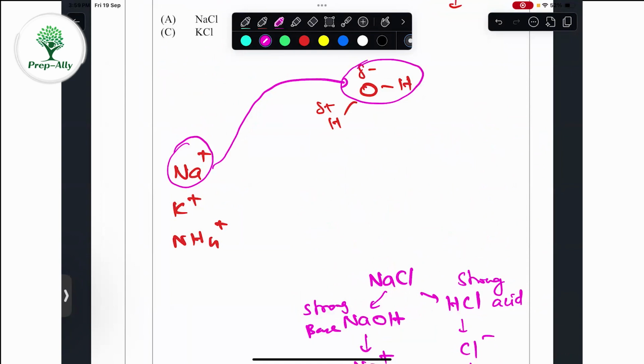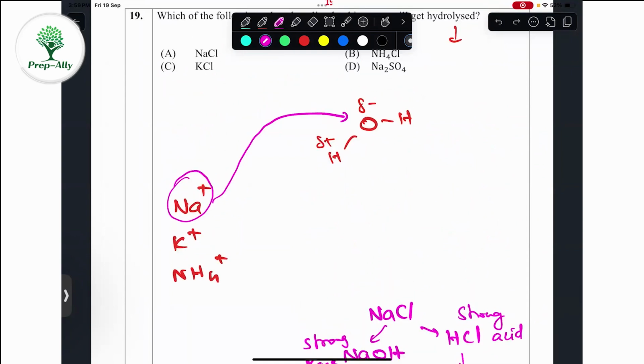It can't get OH minus ion from water because it can't accept electrons, right? Acid is a term used for compounds which accept electrons. What is the ability of an ion to accept a pair of electrons? That is called acid, right?